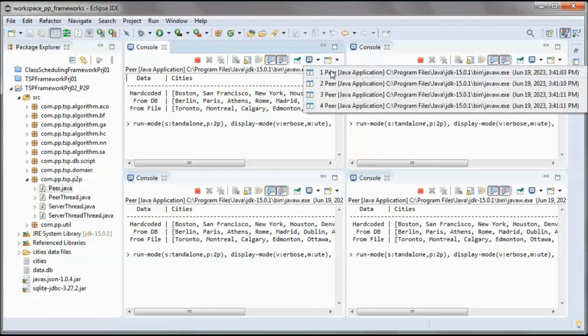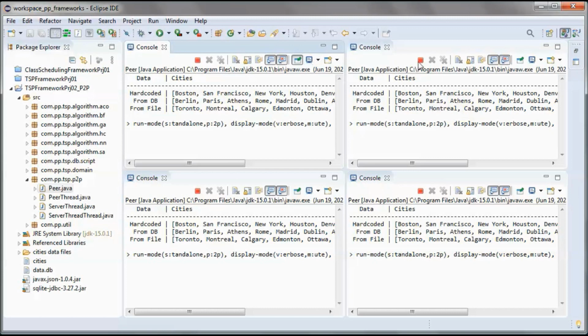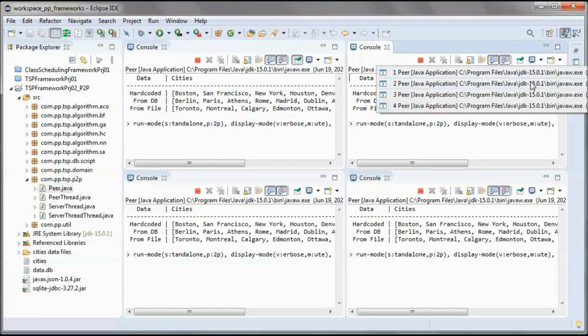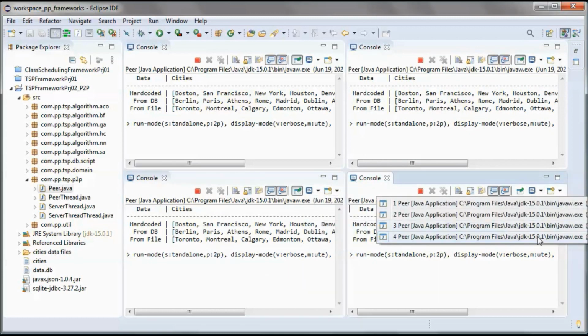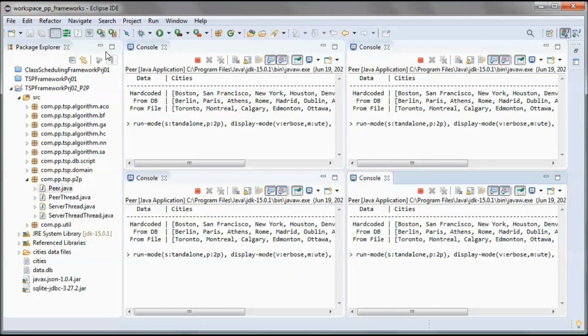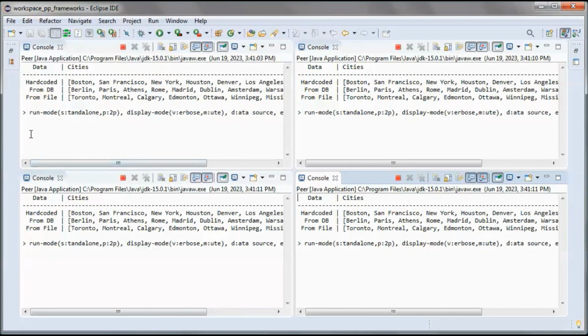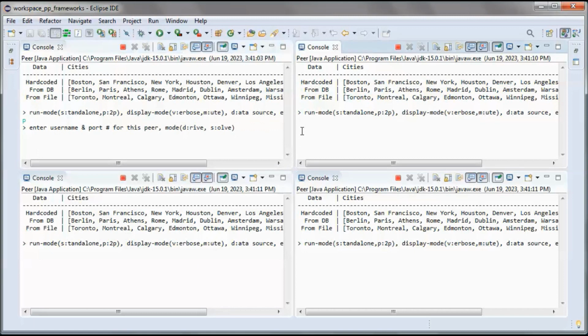So we'll have four peers, and they would be running in peer-to-peer mode.